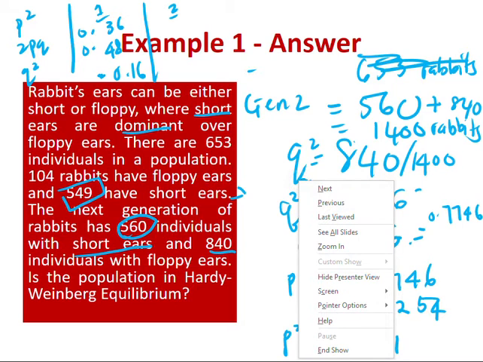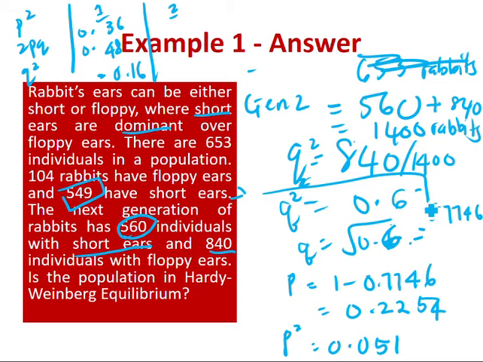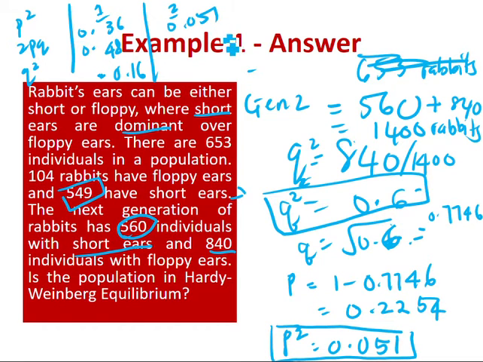Now, guys, q squared is 0.6. Let's look at this. p squared is 0.051 and q squared is 0.6. Are they the same? p squared of the first generation is 0.36. The second generation is actually lower, 0.051. But then again, q squared for the first generation is 0.16, and the second generation gives you a 0.6 value for q squared.